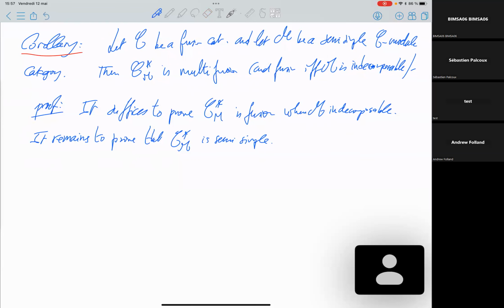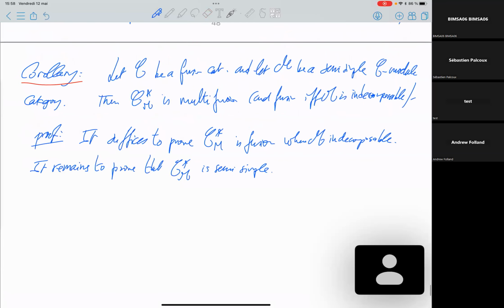Okay. So how to do that? In fact, we will use the previous result with the center. So by the previous theorem, we know that the center of C is fusion.